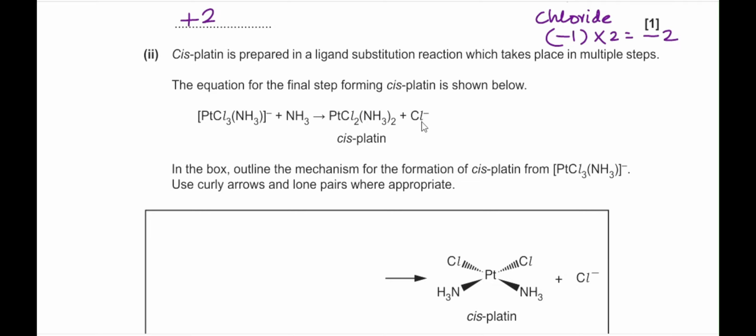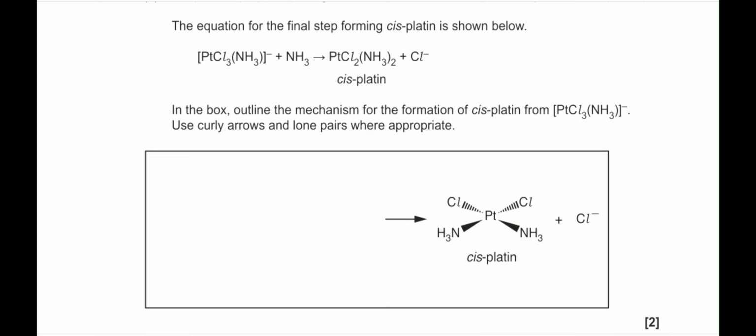Use curly arrows and lone pairs where appropriate. So you can see in the reactant there are 3 chloride ions, 1 NH3 molecule, but after the ligand substitution it becomes 2 chloride ions and two NH3 molecules and one chloride ion is separated. So while showing the mechanism, we should show how one ligand is broken and another ligand is made.